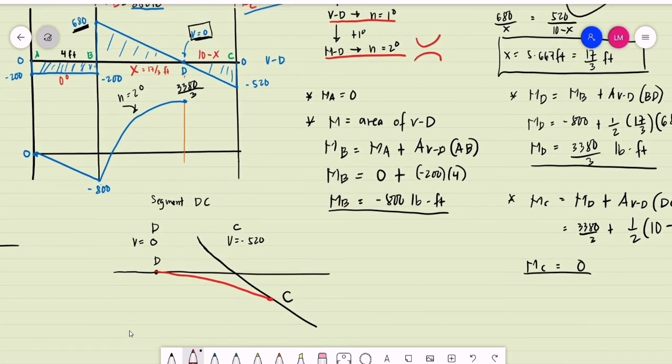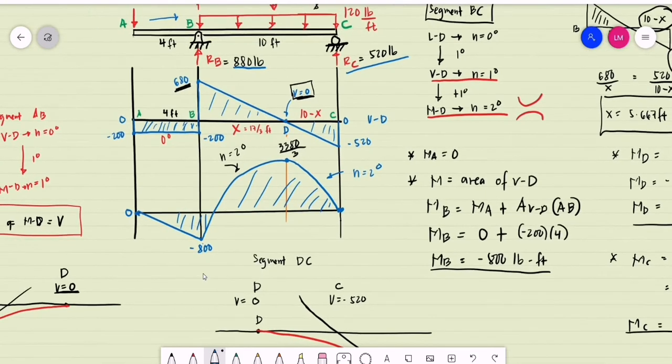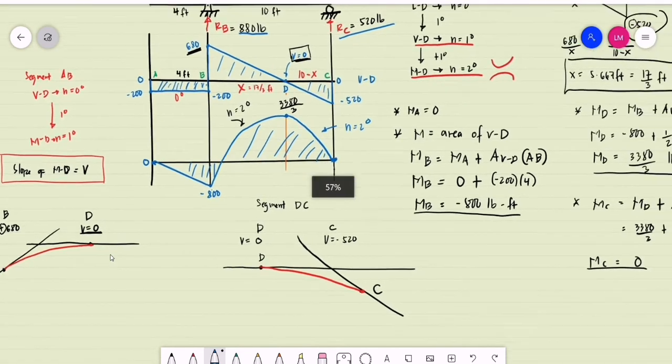So the moment at C from D is obviously 0. That is a curve that opens downward. Also, the degree of this curve is second degree. So this is our moment diagram. And if it is asked, what is the maximum moment?